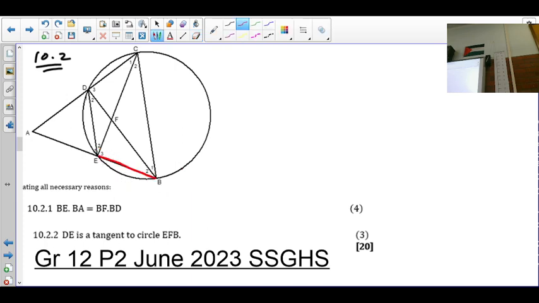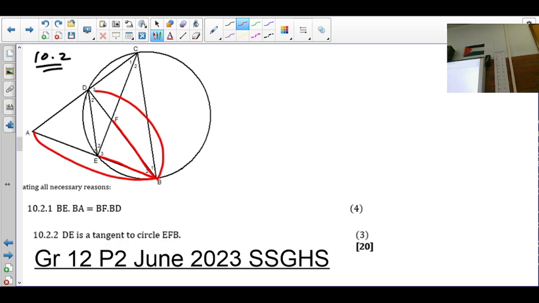EB, BA, which is the whole length, BF, this length here, and DB. So clearly I can see which two triangles I need to prove similarity.